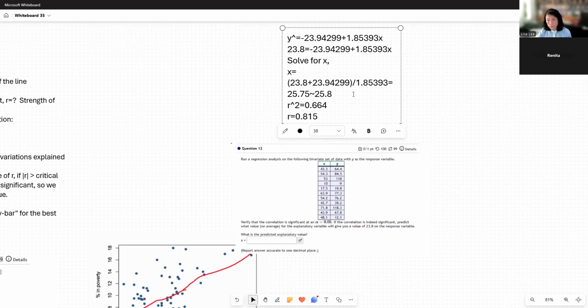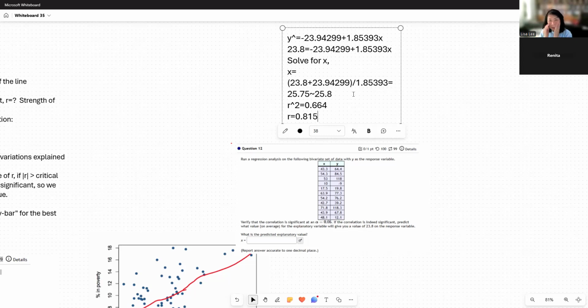The strength of this straight line is that number between the two variables, x and y, 0.815. A number close to positive one or negative one is considered strong correlation, 100%. So 0.8 is close to 1, and is relatively considered strong.